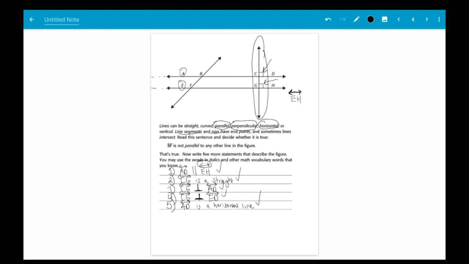That's one of the very important things that I want you to be careful of. Teachers will take points off if you do not label your lines, line segments, and rays correctly. Remember, if it's a ray, it would be one endpoint here and then one arrow going that way, showing that one side ends and the other side goes on forever. So I just wanted to go over that with you.